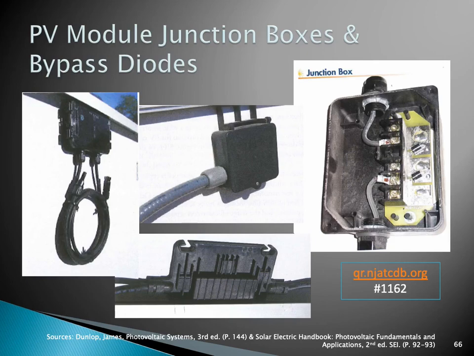On old modules, we can actually get in there and do work, replace diodes. New junction boxes we may or may not be able to get into. It's going to be potted, with an insulative material inside encapsulating everything, so there's not much I can do with it. Nowadays we have these whips coming off of it, a positive and a negative lead, whereas back in the old days I had to physically pipe and wire every connection.